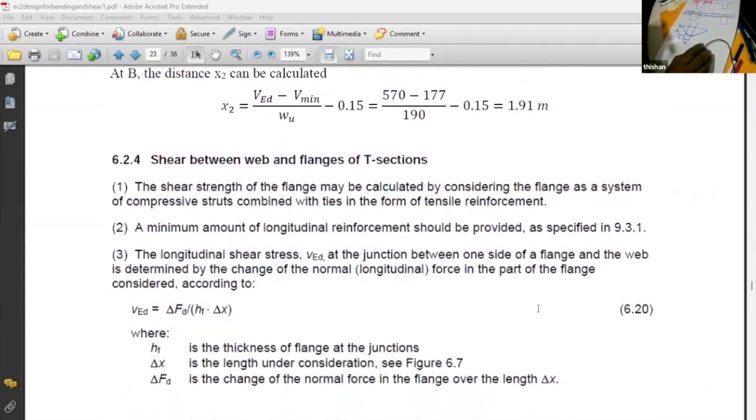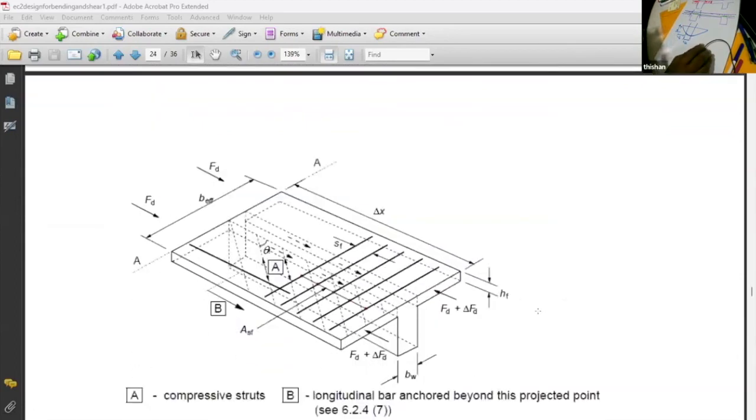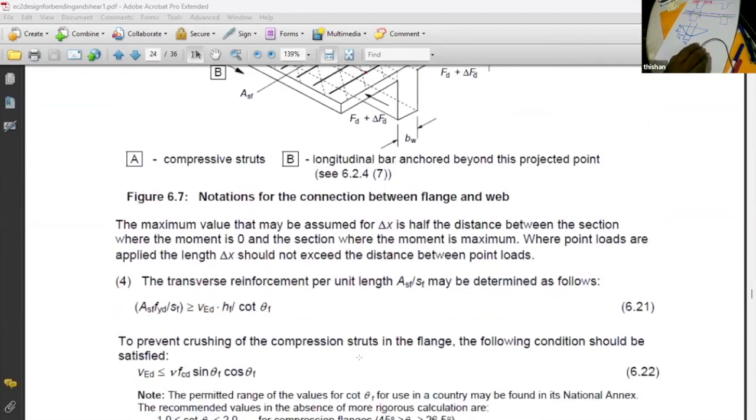Now here you get this particular example. And the transverse shear reinforcement is given by this equation. And the crushing of the compression starts in the flange. It says VED should be less than a particular value. That we can check.